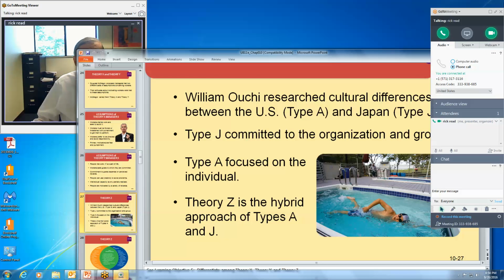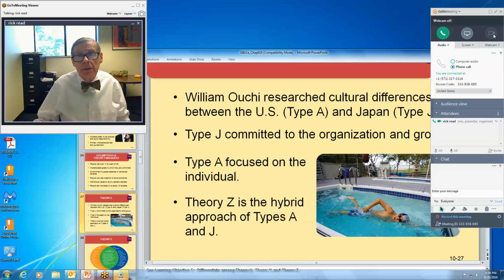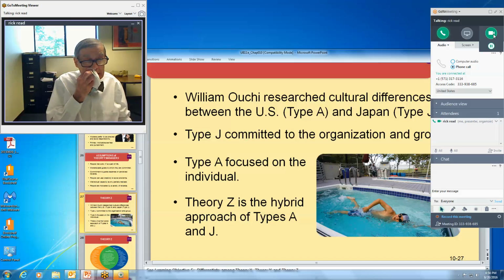Now, William Ouchi looked at the cultural differences between Japanese workers and American workers. He used type A to designate an American worker and type J for Japanese. He said that type A focuses on the individual.